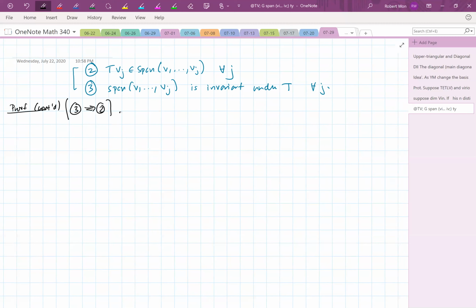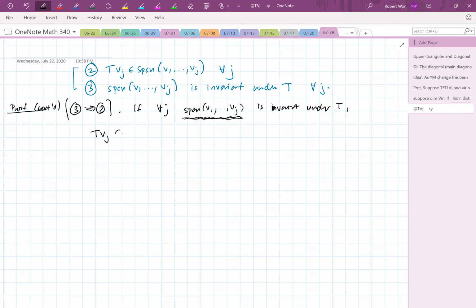So if for all j, the span of the first j basis vectors is invariant under T, this means that every vector in here stays in here when you apply T. In particular, Vj is a vector in the subspace.